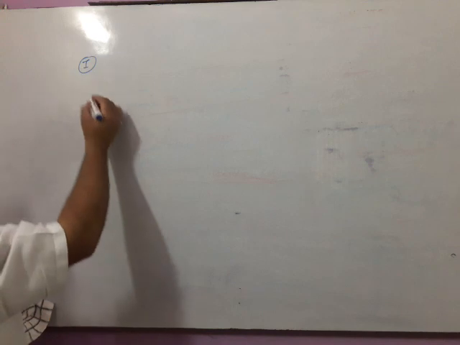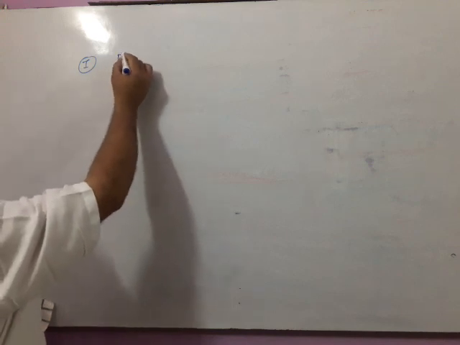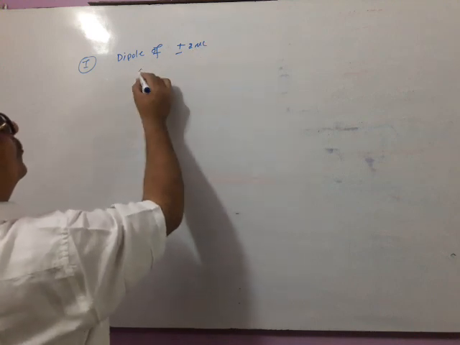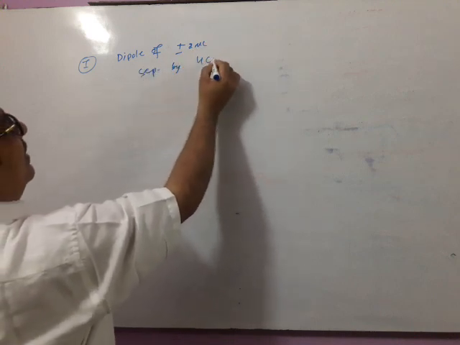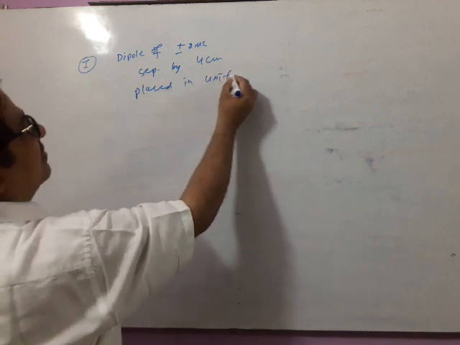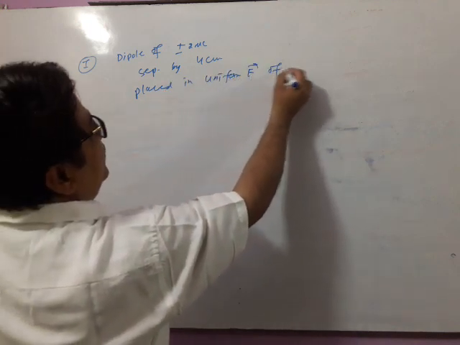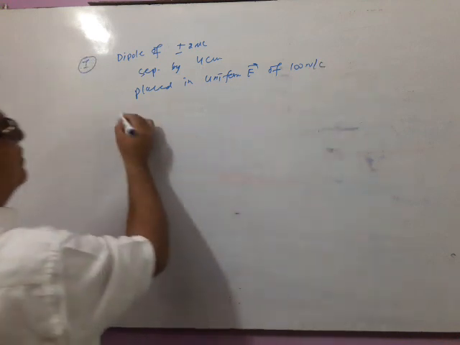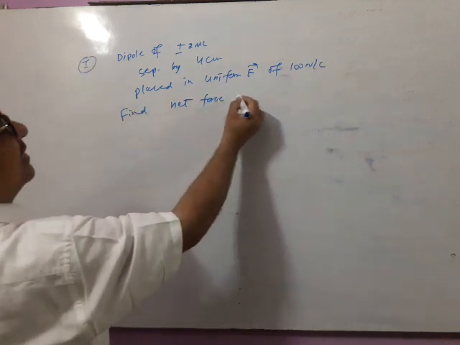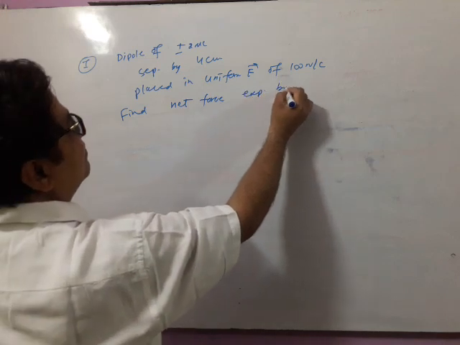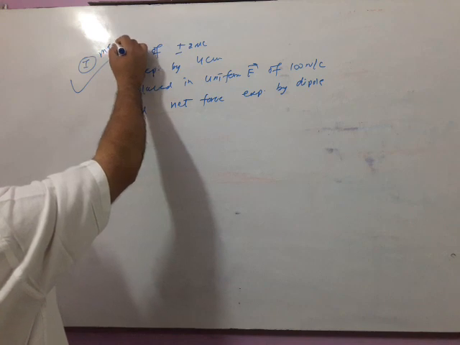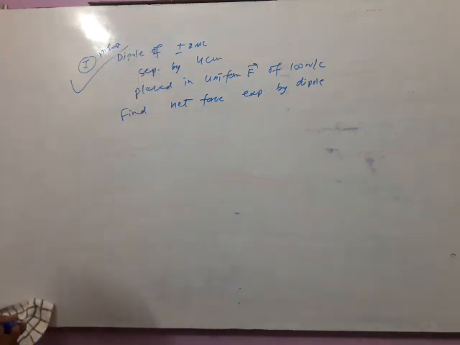Now see the numerical. One dipole of charges plus minus 2 microcoulomb separated by 4 centimeter placed in a uniform electric field of 100 Newton per coulomb. Find the net force experienced by the dipole. Ordinarily, the student says this or that.